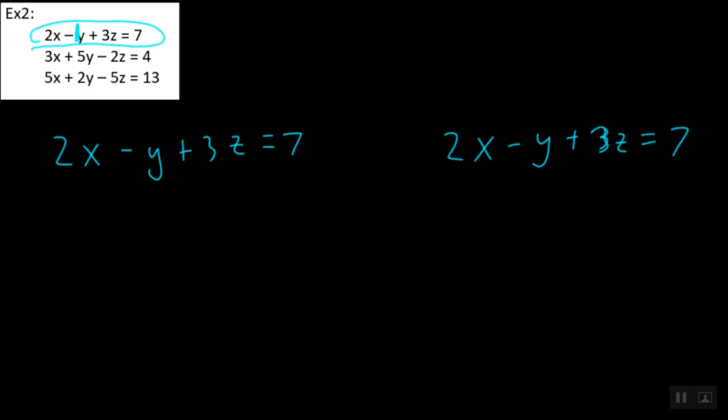Okay, now let's go ahead and write our second equation. Once again, I'm going to choose this nice orange color here. And we have 3x plus 5y minus 2z is equal to 4. And so the question will become, what variable do we want to cancel out? Well, remember, this 1 is in front of the y, so we want to cancel out our y's.